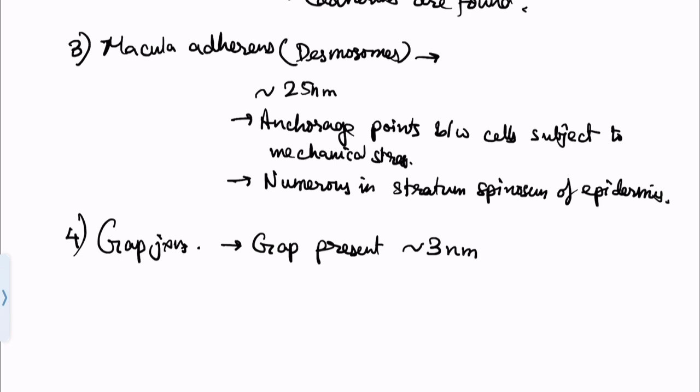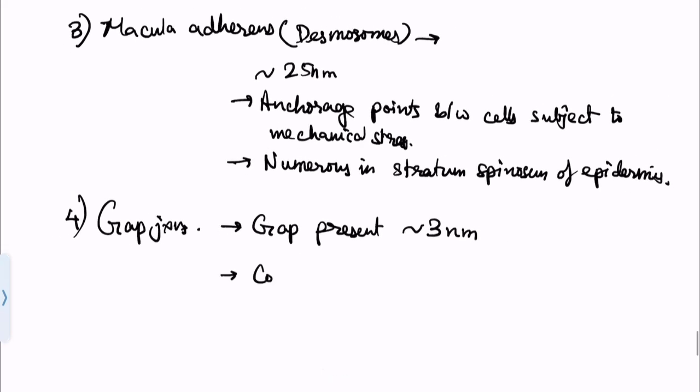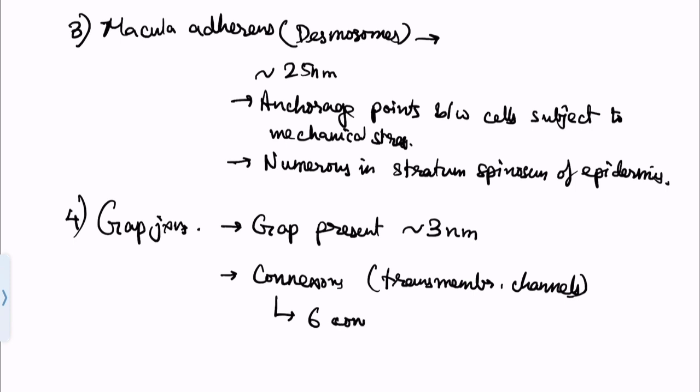Okay, much more information is given, but still, since it's a topic which is mentioned here, I must cover it. Mainly connexons are present. These are the transmembrane channels. 6 connexin proteins form this ring and contain a central pore.